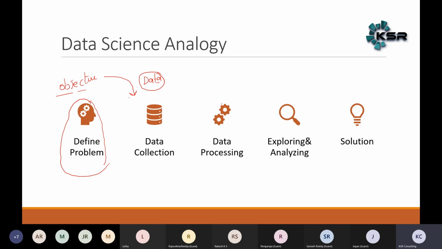Once you collect the data, processing means converting the raw data and transforming it into a more useful or more understandable format. Then we need to explore and analyze, and see what different kinds of analysis we can do. Finally, you can make the solution or decision.